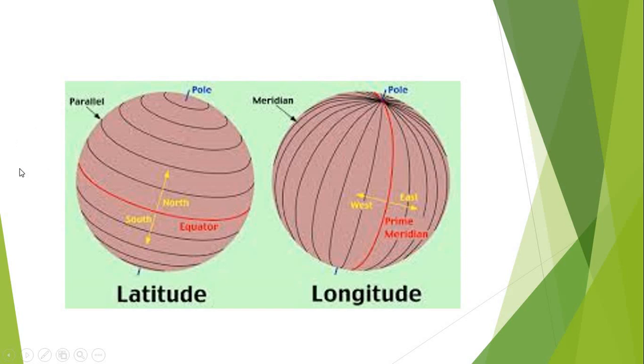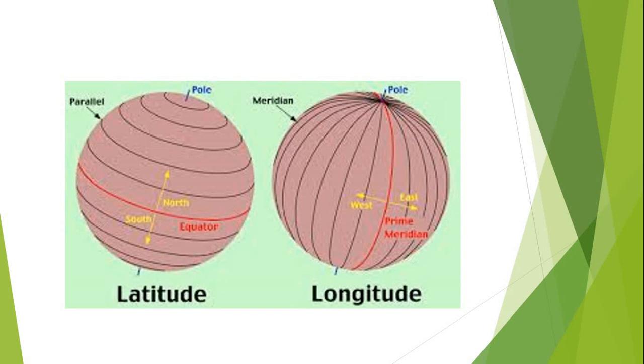Equator is the 0-degree latitude and is termed as the central latitude of the Earth. And all these lines are parallel to each other.